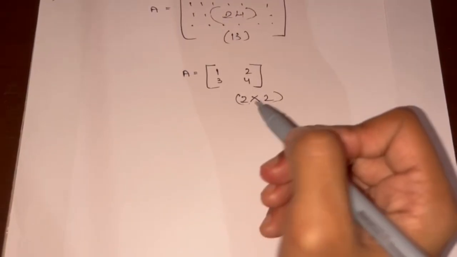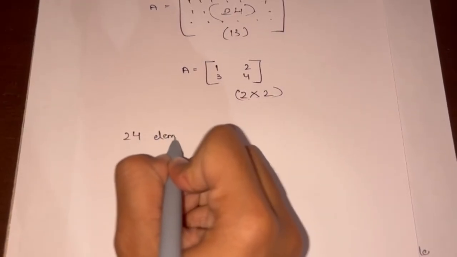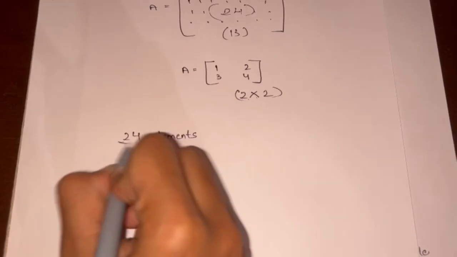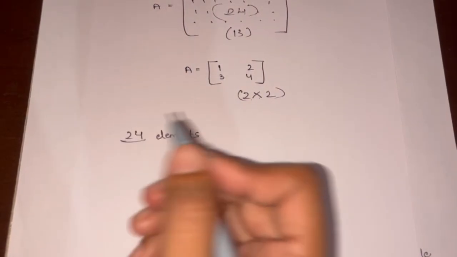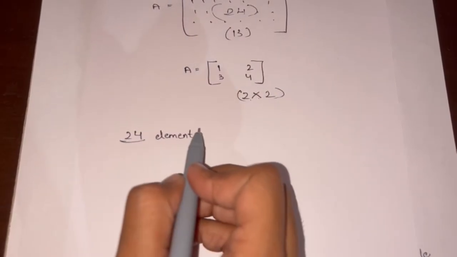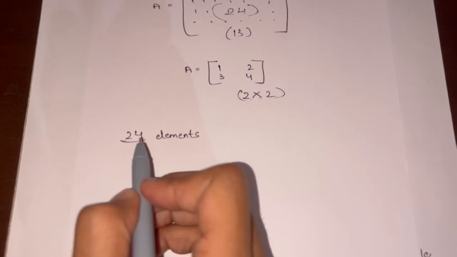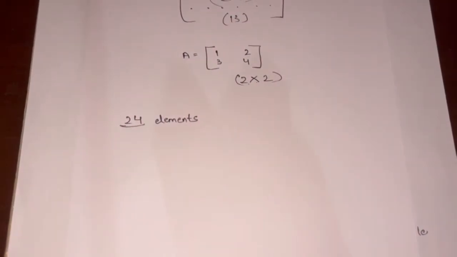So now let's see for 24 elements. This is the easiest method through which we can find the possible order. No matter how big the number of elements is, we can easily find the possible orders for any kind of matrix. So let's see how we can do that.